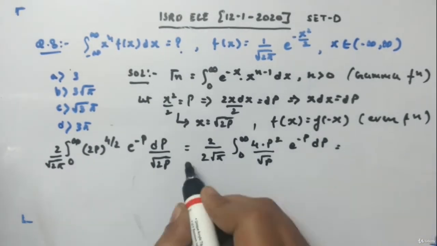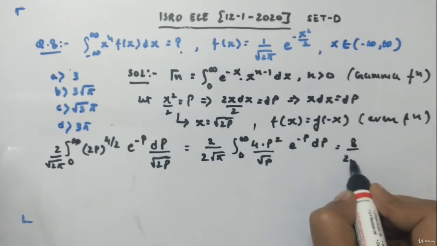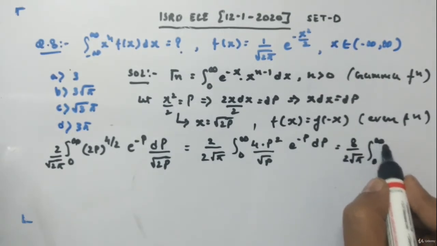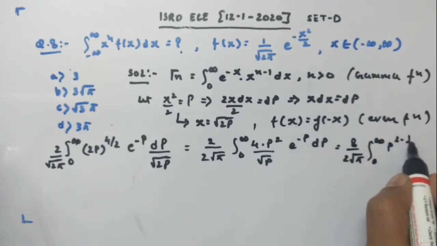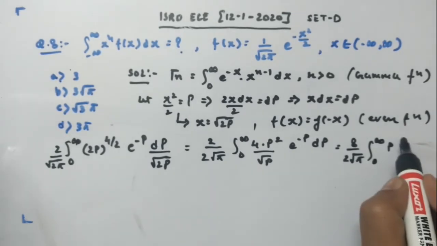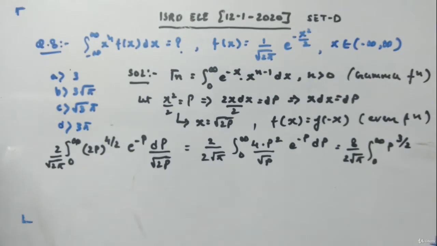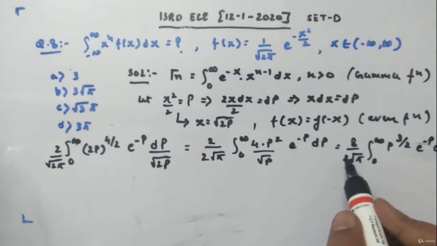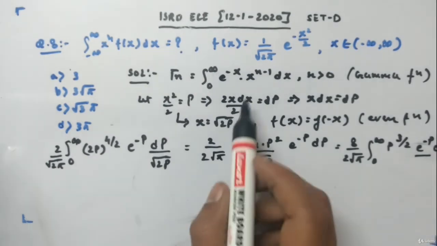Taking 4 common, this is 8 divided by 2 under root pi, 0 to infinity, p to the power 2 minus half, which is 3 by 2. Okay, because 2 minus 1 by 2, that is 4 minus 1 divided by 2, comes out to be 3 by 2, e to the power minus p dp. So now I got this term which I wanted.